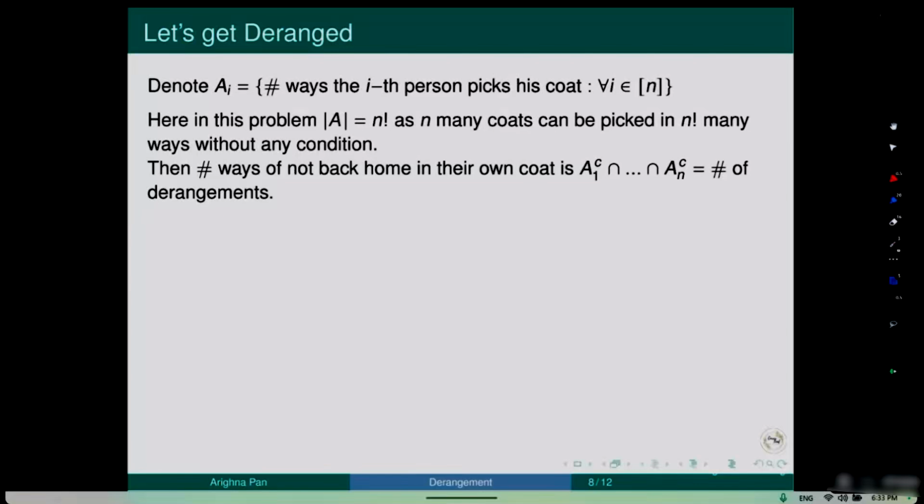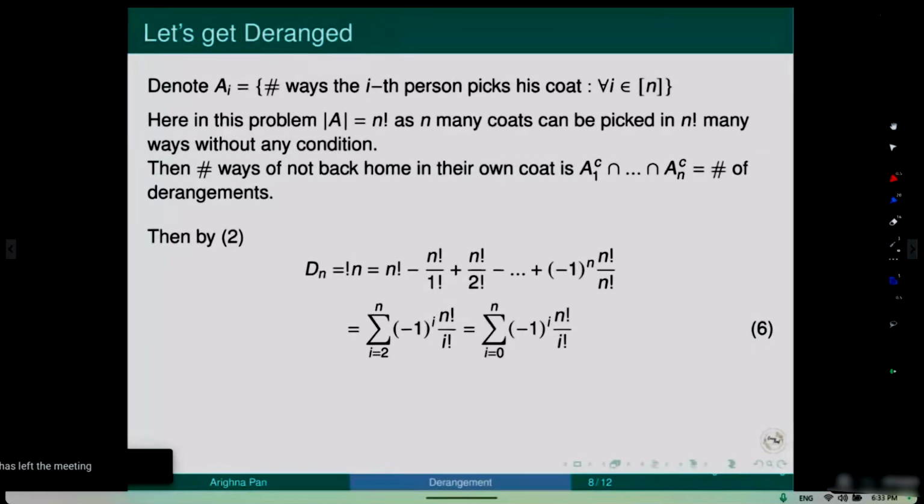So that is A1 complement intersection An complement, and that is the number of derangements in this problem, right? So in the section on the principle of inclusion and exclusion, we have derived a formula, right? And what should it be? It was the size of derangements.